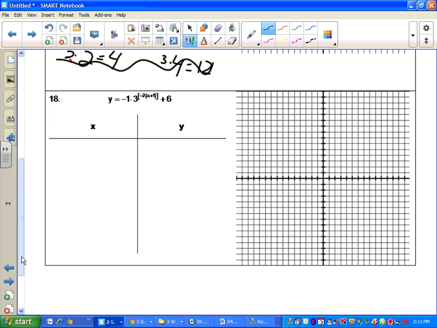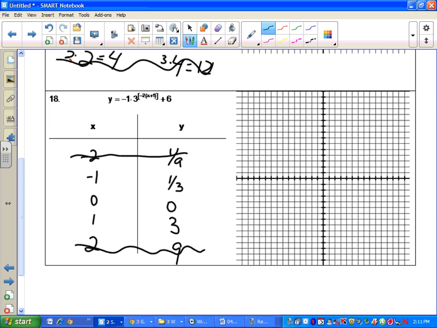Oh, no, it's on the front. 3 to the power of x is on the front. So you just have to make sure you use -2, -1, 0, 1, 2. What is this one? Isn't it 1/9, 1/3, 1, 3, and 9. And again, I don't really care if you use those 2. If you just want to use those middle 3, you'll be okay with it.